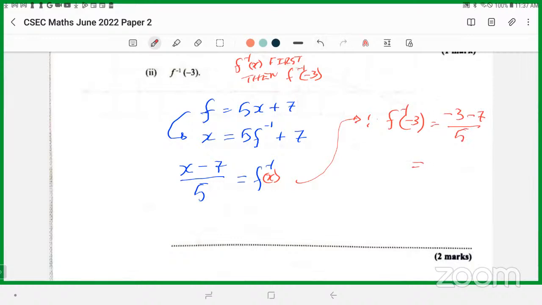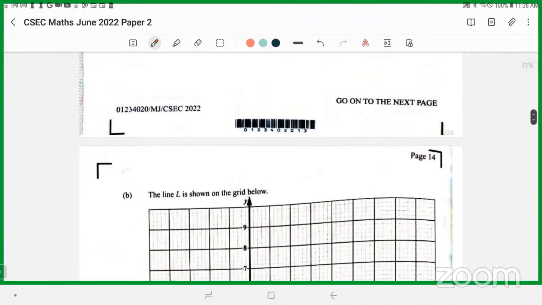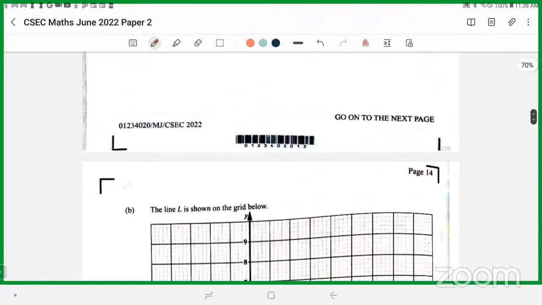So that becomes negative 10 over 5. Negative 10 over 5 is negative 2. So this is my answer right there. Nice and easy. But they're okay with that? Yes, sir. All right, beautiful. Anything else? Question done. Question is finished.